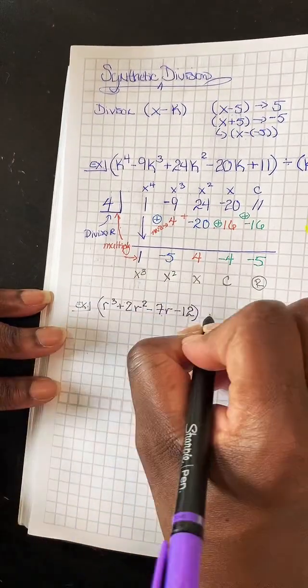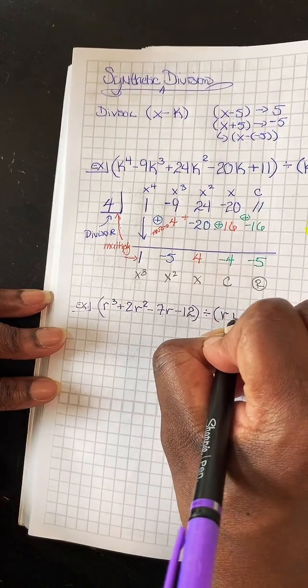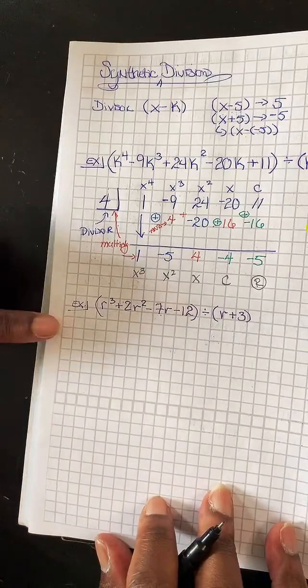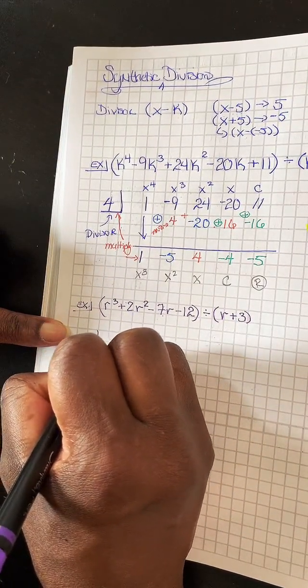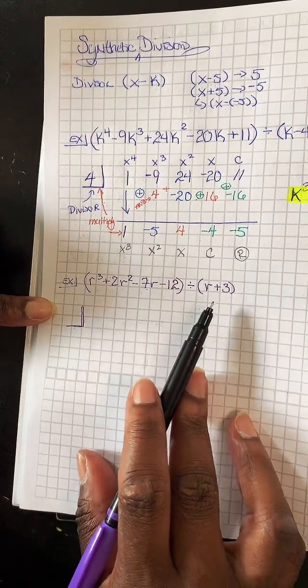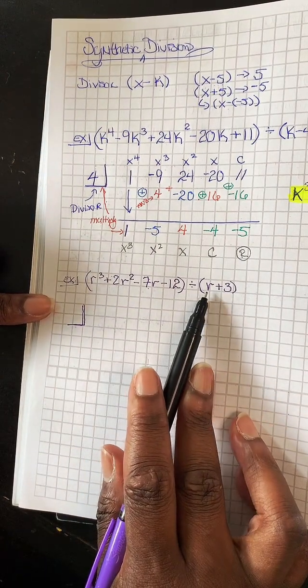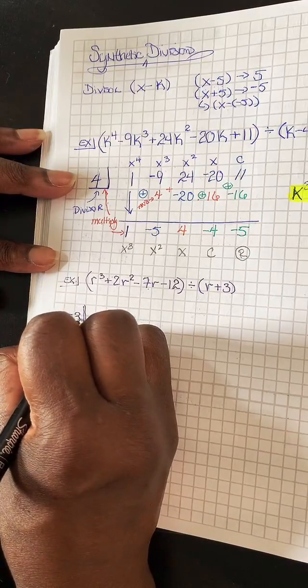And that was being divided by r plus 3. All right. So inside my tiny little house, we always do the opposite of what we see. So it was r plus 3. That means out here should be a negative 3.